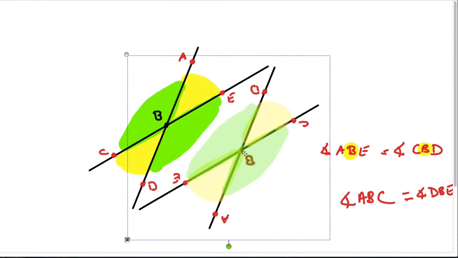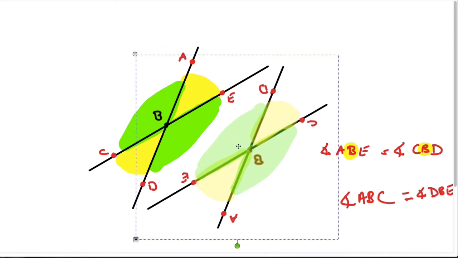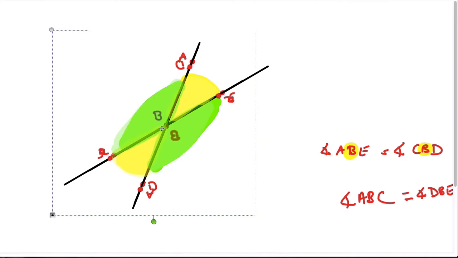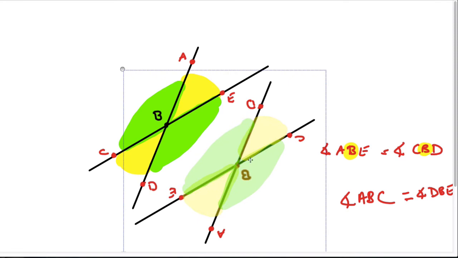And you can now see that angle CBD, which was at the bottom over here, is now at the top in the flipped version. So if I match them one on top of the other, you can see that in fact these angles match perfectly. So it's true that the yellow angles are equal to each other and the green angles are equal to each other as well. So all that is in fact true.